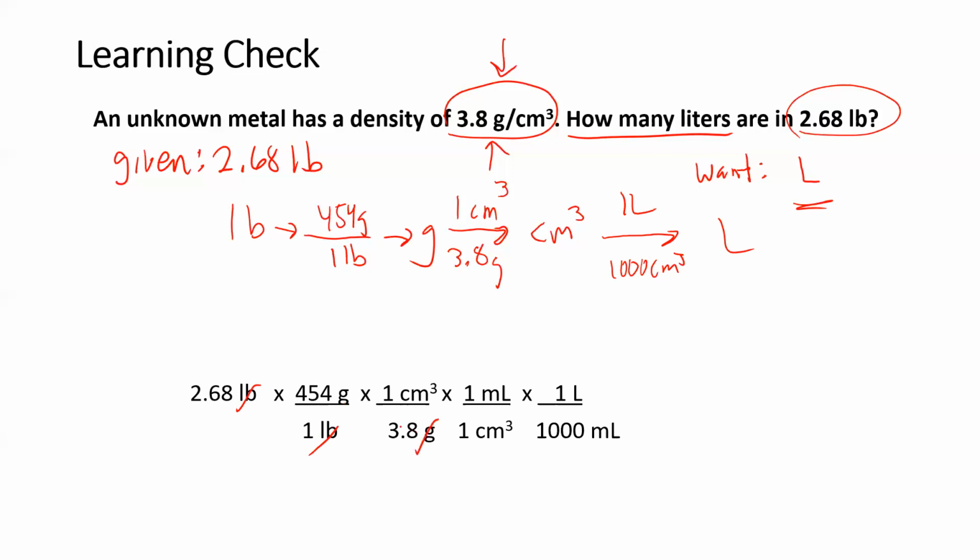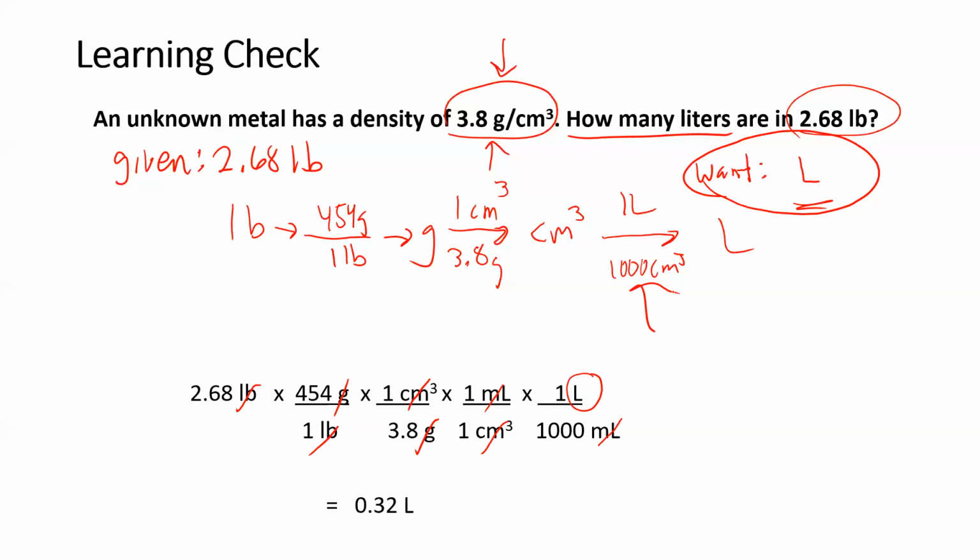The grams cancel, I'm left with centimeter cubed. And in this example, if you want, you can do an extra step and say, well, 1 centimeter cubed is 1 milliliter, and there's 1,000 mils in 1 liter. And that's what I want. Or you could do the shortcut that I did. So my final answer is 0.32 liters.